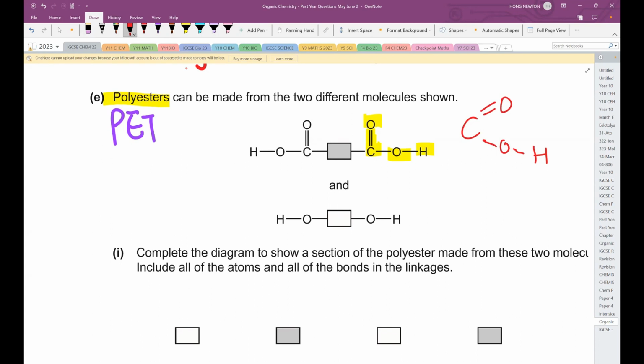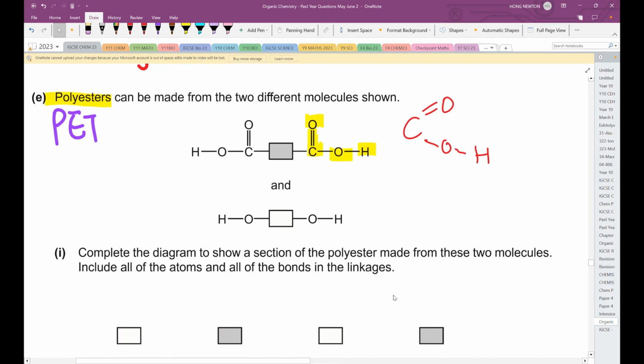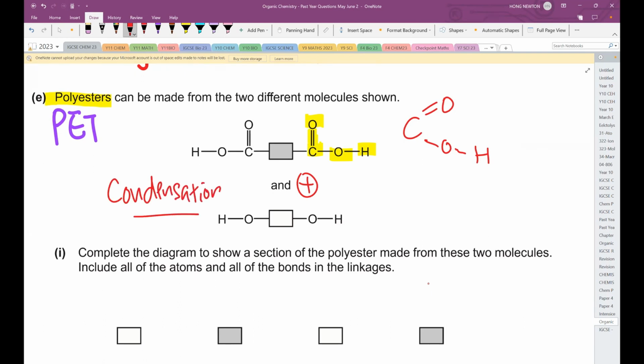All right, so complete the 2 molecules, include all the atoms and all the bonds in the linkage. So how are we going to add together? This one we need to add together with this one. We call it the process of condensation. You must remember the process of condensation.